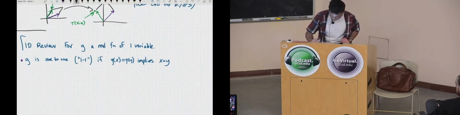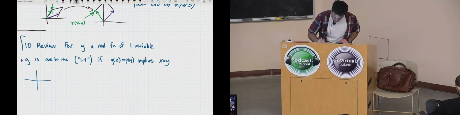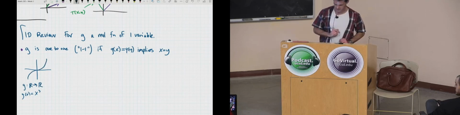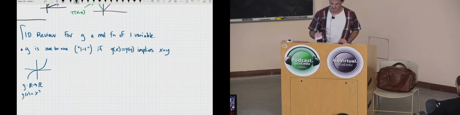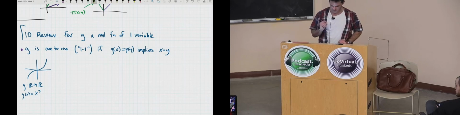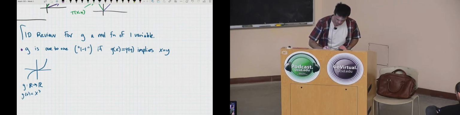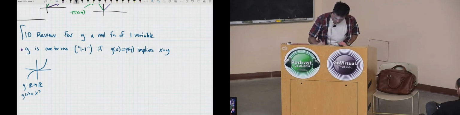So here's some pictures. How about if we considered g from R to R given by g of x equals x cubed? So that looks like this. Is it one-to-one? It is, indeed. Yes, so this is one-to-one.